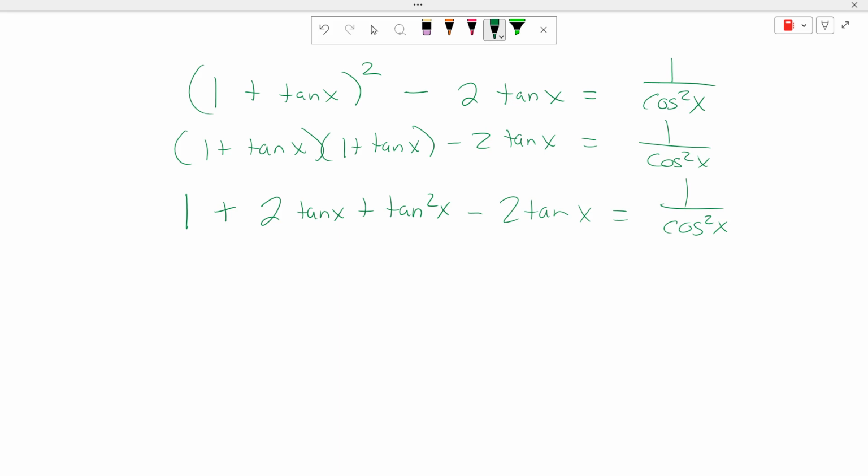So, can I simplify the left-hand side a little bit more? What happens on the left-hand side? 2 tangent of x and minus 2 tangent of x cancel, so I'm left with 1 plus tangent squared of x.